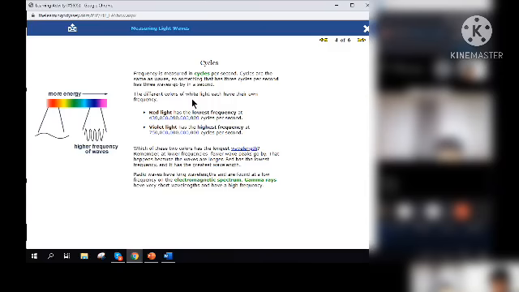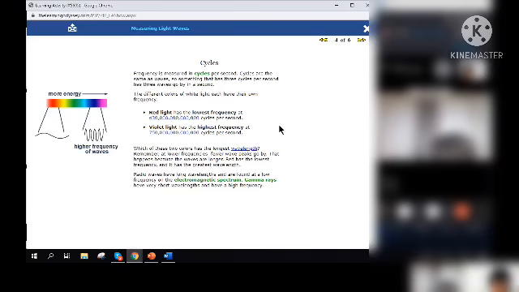The different colors of white light each have their own frequency. Each color in the spectrum of light has its own frequency. For example, red light has the lowest frequency at, can you read these numbers?